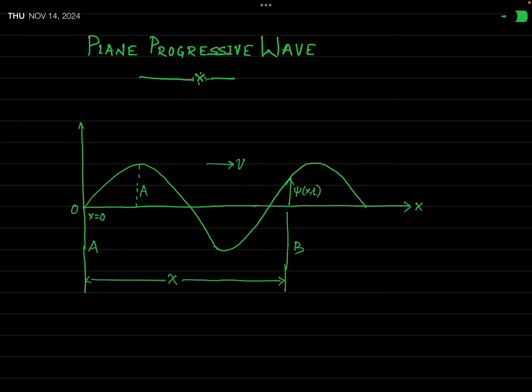And that mechanical wave may be a transverse wave or a longitudinal wave. The wave is called transverse when the particles of the medium oscillate in a direction perpendicular to the direction of propagation of the wave. But if the particle oscillates along the line of motion of the wave, that is called longitudinal.